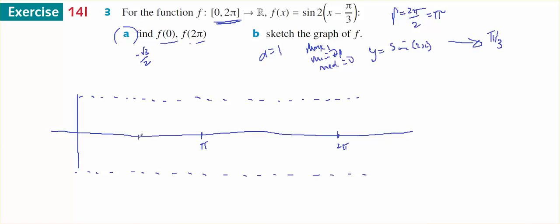I know this divides into quarters, so that's π/2, and that's π/4, and that's 3π/4, and I'll divide this into quarters as well. So that's going to be 3π/2, π/4, 2π/4, 3π/4, 4π/4, 5π/4, 6π/4 simplifies, 7π/4, 8π/4. Beautiful.